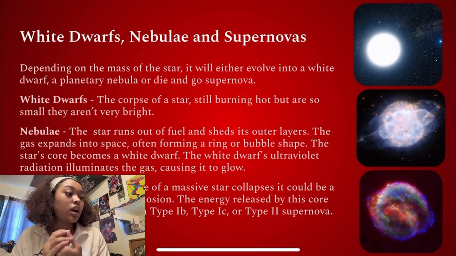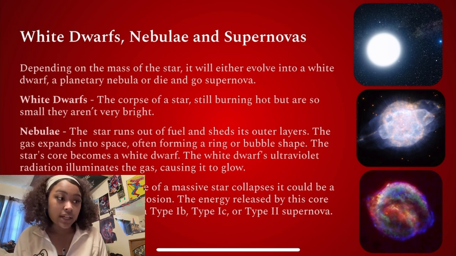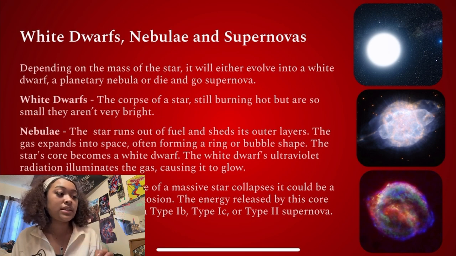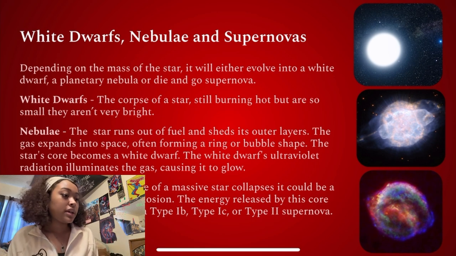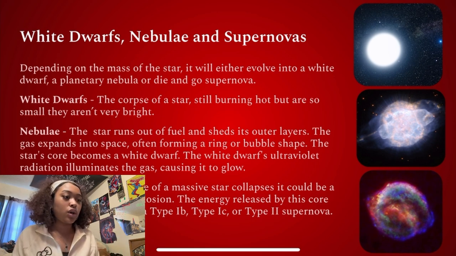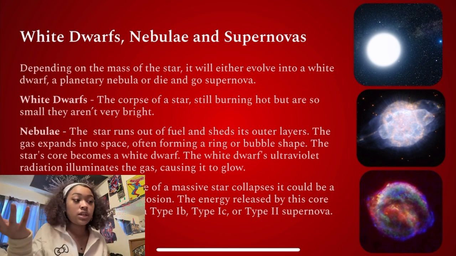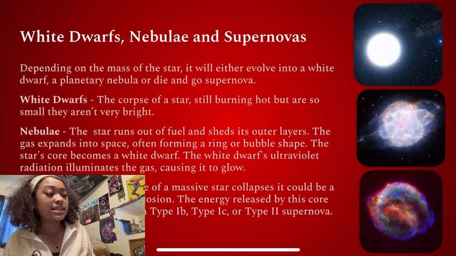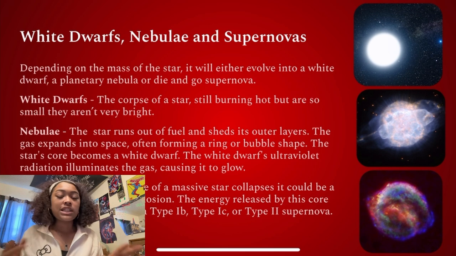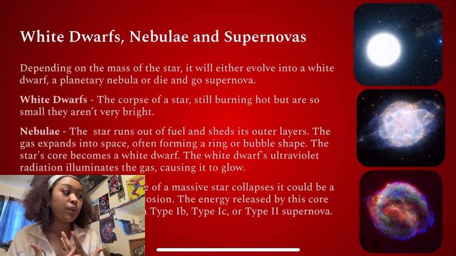Nebulae. The star runs out of fuel and sheds its outer layers, so the gas expands into space, often forming a ring or bubble shape. The star's core becomes a white dwarf. The white dwarf's ultraviolet radiation illuminates the gas, causing it to glow. So it's these really big, beautiful paintings.